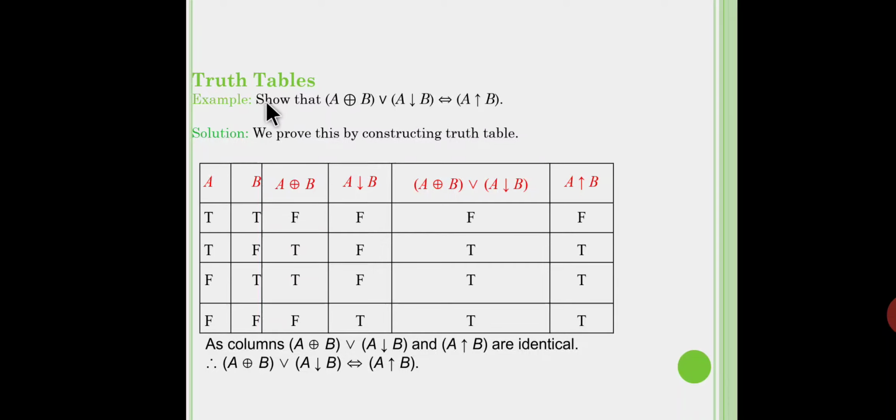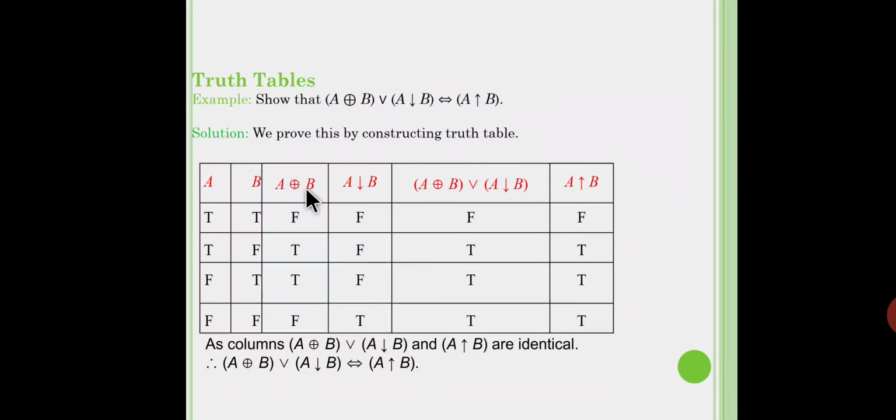So truth table to show that A exclusive OR B, or A NOR B, is equivalent to A NAND B. So here we have two variables and truth values: A has truth values true, true, false, false and B has truth values true, false, true, false, and exclusive OR. So what is the exclusive OR rule?